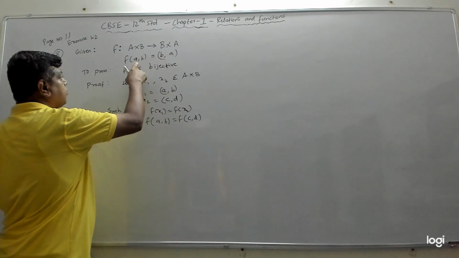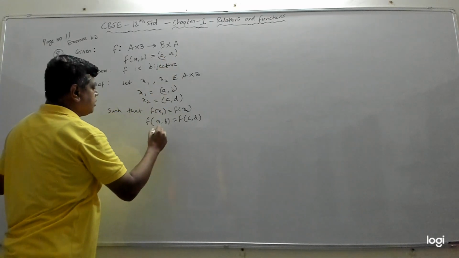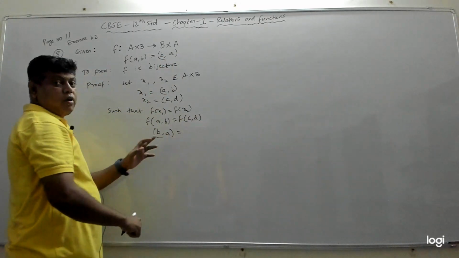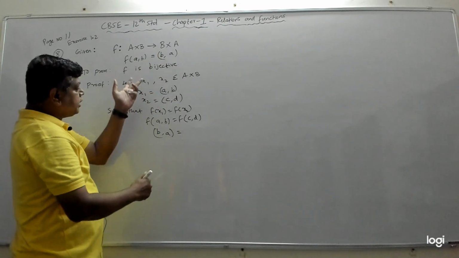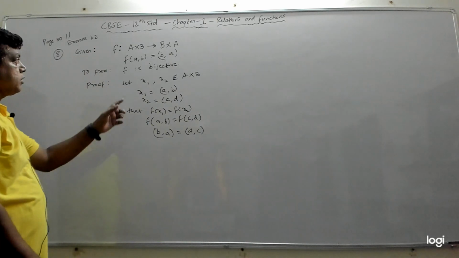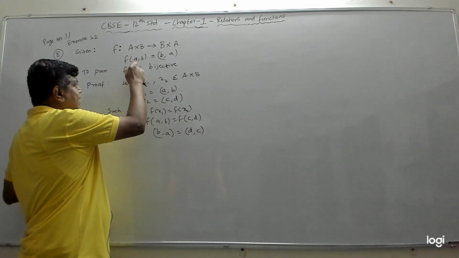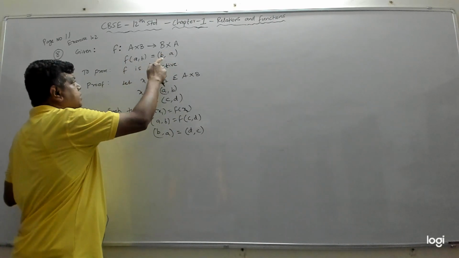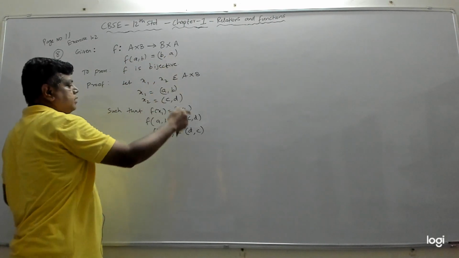As per the definition of the function, f of (a, b) is (b, a). So this can be written as (b, a) equal to f of (c, d), which will be (d, c). That's how the function is defined: f of (a, b) means (b, a), f of (c, d) means (d, c).